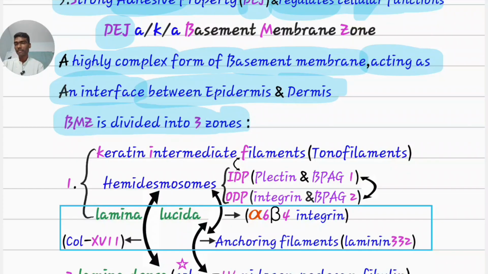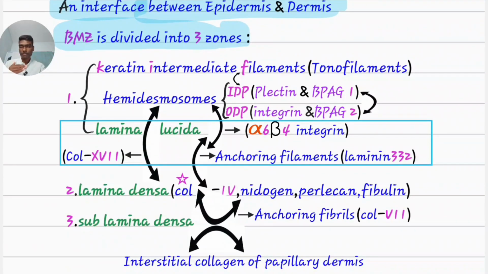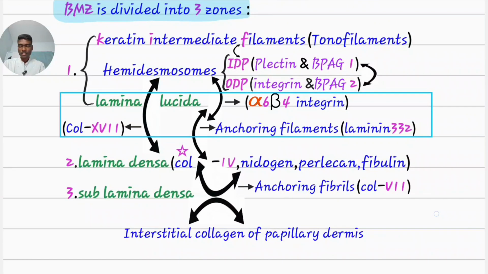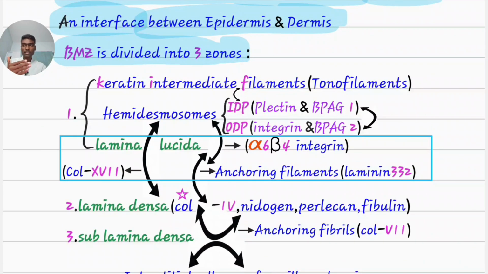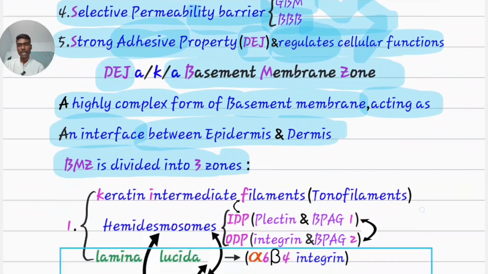Because it has multiple zones, we can also call it the basement membrane zone, the specific name for our basement membrane in between epidermis and dermis. Dermis contains extracellular matrix. Epidermis is nothing but epithelium. Justifying this point, it is the separation between epithelium and underlying extracellular matrix.